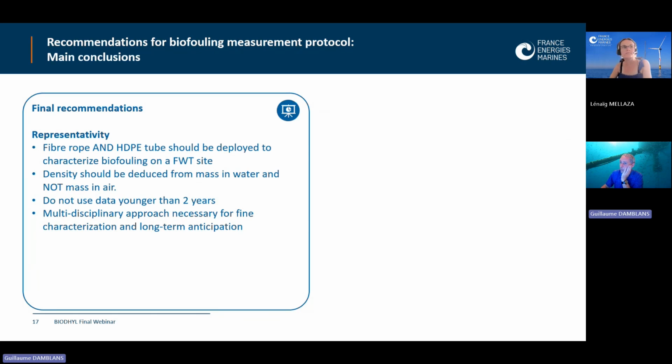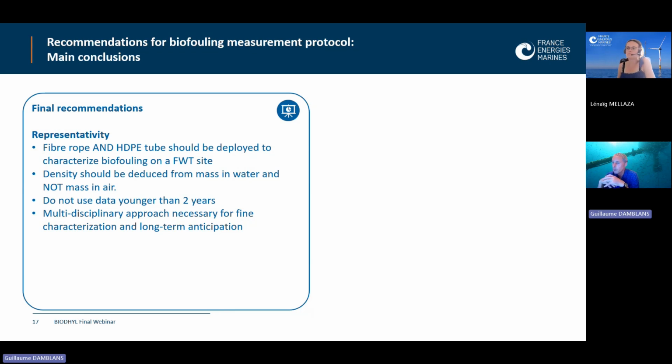So here's the main final recommendation from these experiments. From this observation, we recommend that, in the frame of characterization for floating wind, fiber ropes and HDPE tubes be deployed systematically in parallel, not cable, because it's very heavy and we are just focused on the external layer, which is prone to be colonized.